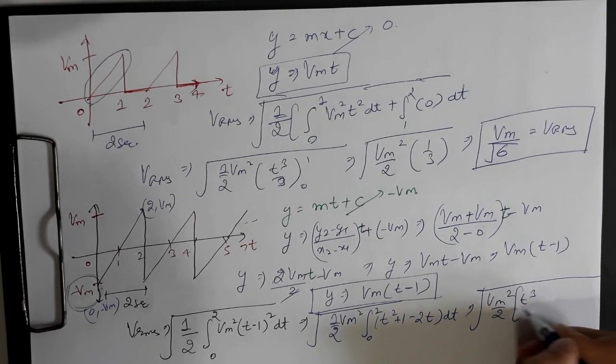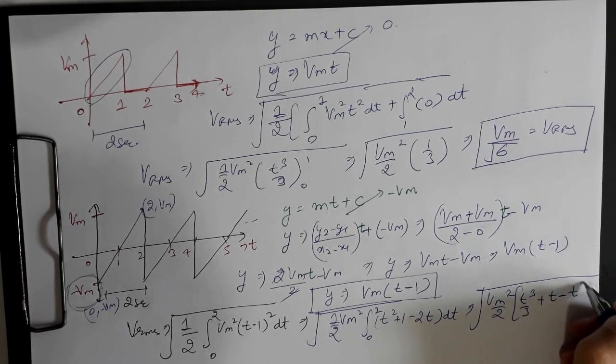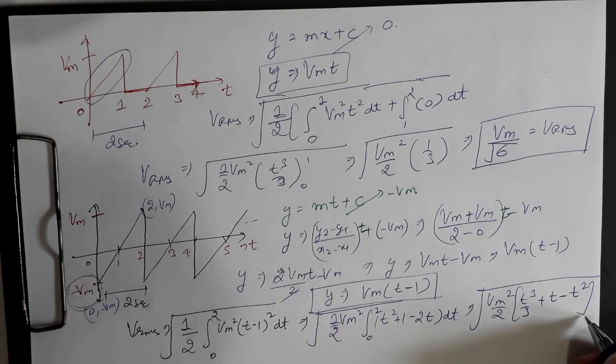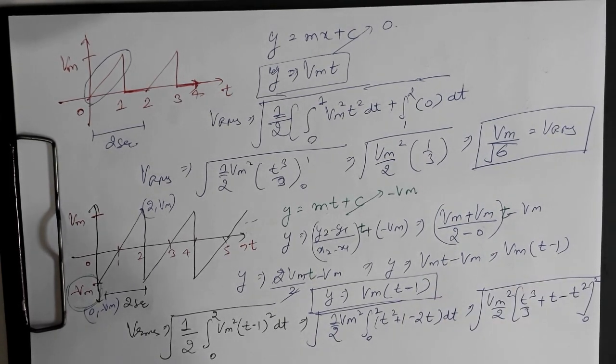This is t cube upon 3 plus t minus t square from 0 to 2. Now friends, put the value 2. Put t as 2 here, and after solving we get here VRMS is Vm upon root 3.